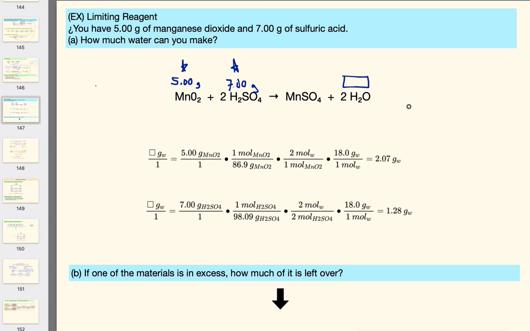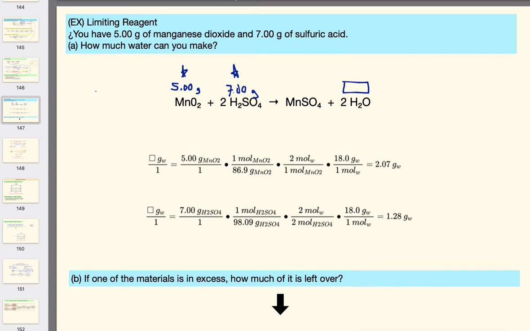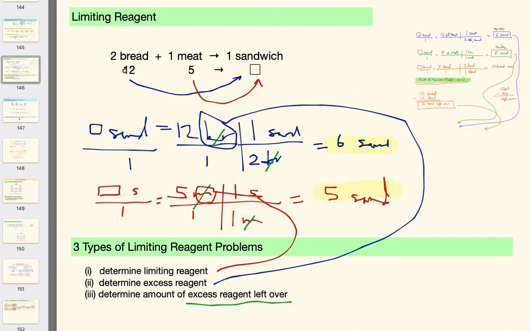So what do we have to do here? Well, we have a little bit of an issue, don't we? Because we've got to go from grams of this to moles of this to moles of water to grams of water, to see how much water I can produce, just as I did for bread.